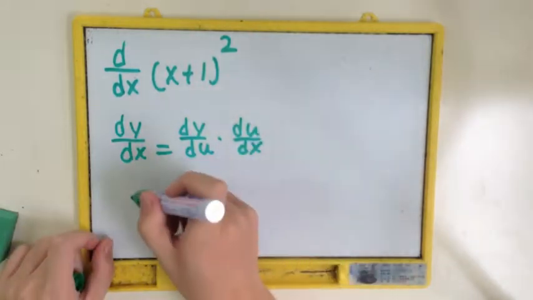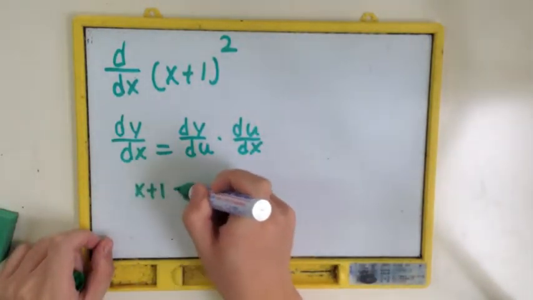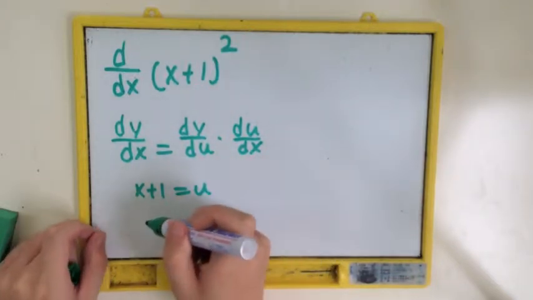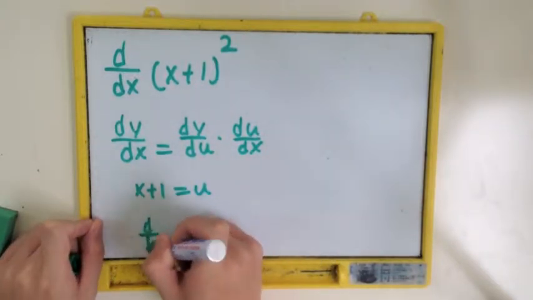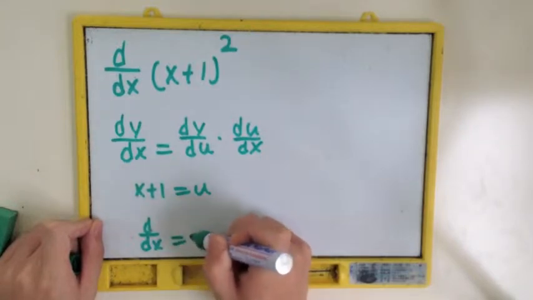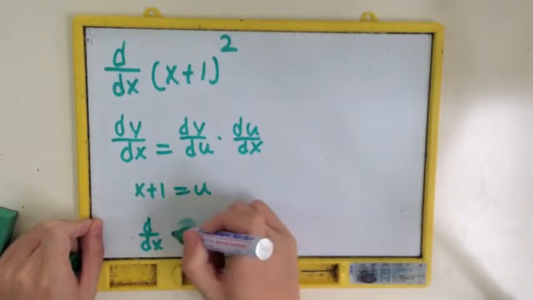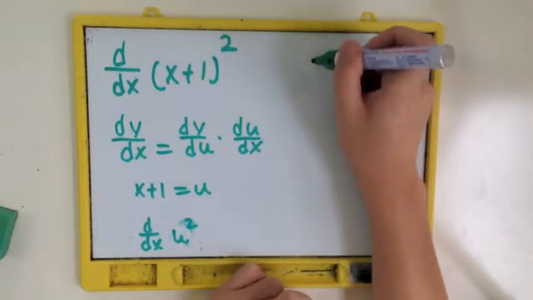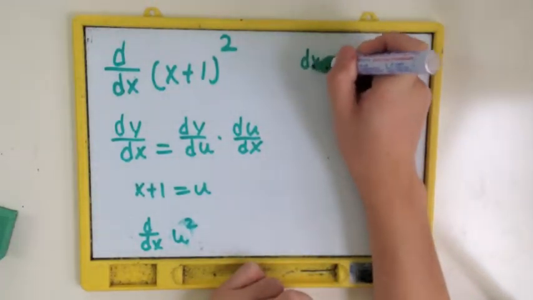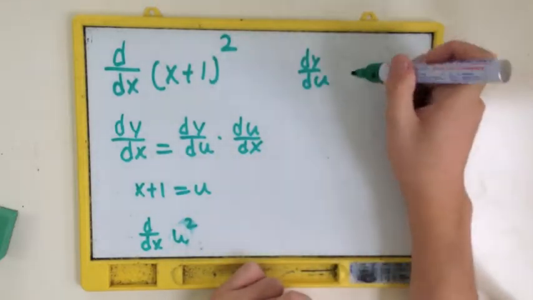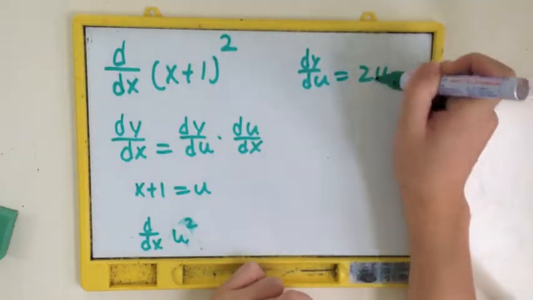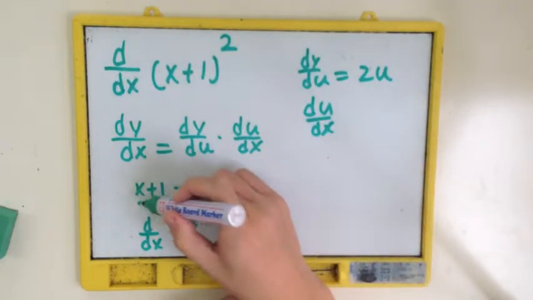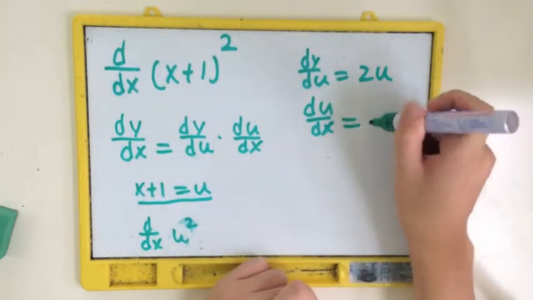So we're going to make x plus 1 equal to u. So we basically differentiate d over dx of u squared. So dy by du, we can see from this equation, is 2u, and du by dx, we differentiate this equation and we get 1.